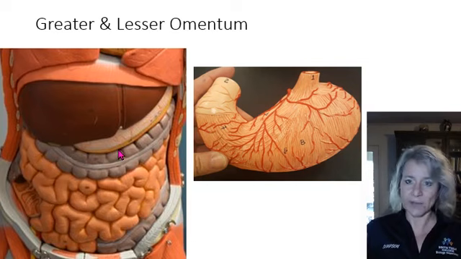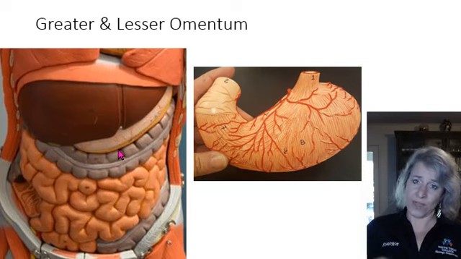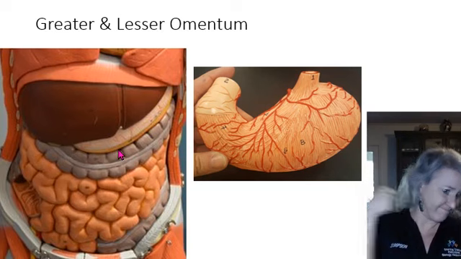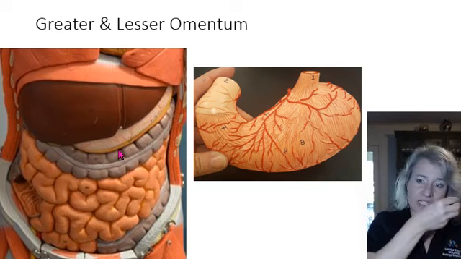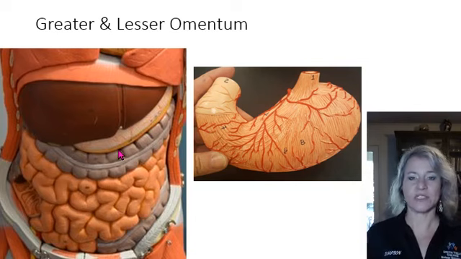You don't have your rib cage, you don't have any bones protecting these abdominal organs. So it's nice to have this greater omentum that is full of fat, that if you were to get a blow to your abdomen, there's a little layer of cushion there, which is the fat. It also helps keep the organs warm.